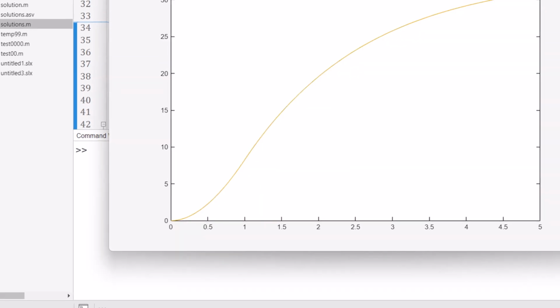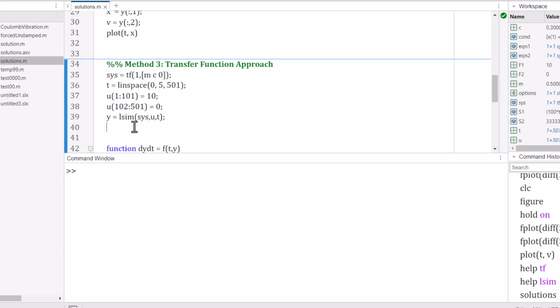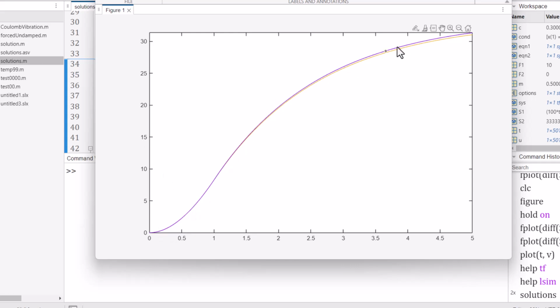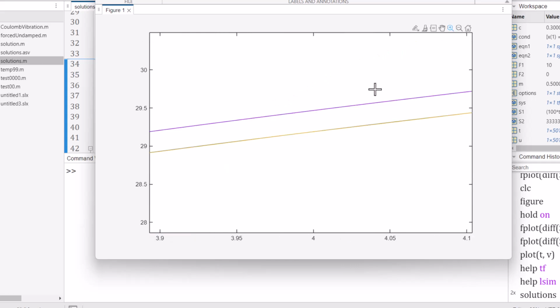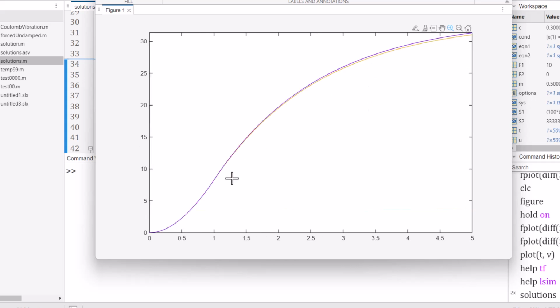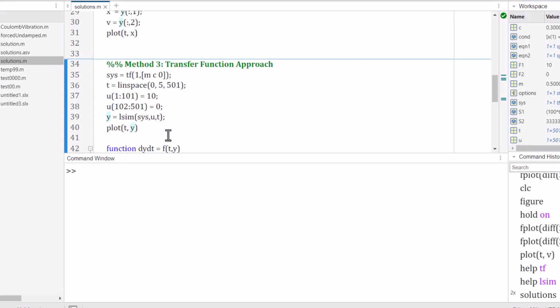No, I did not see any errors. And maybe now I can plot t comma y. Okay, now here the purple line is the response of the system using transfer function approach. You can see that it is not exactly the result we got from dsolve and ODE45, but it is good enough for us. And this was method 3.